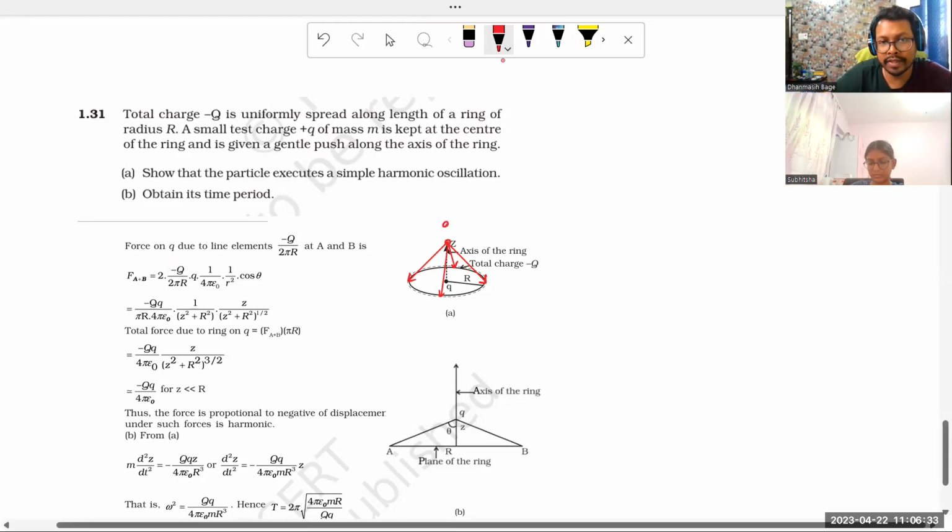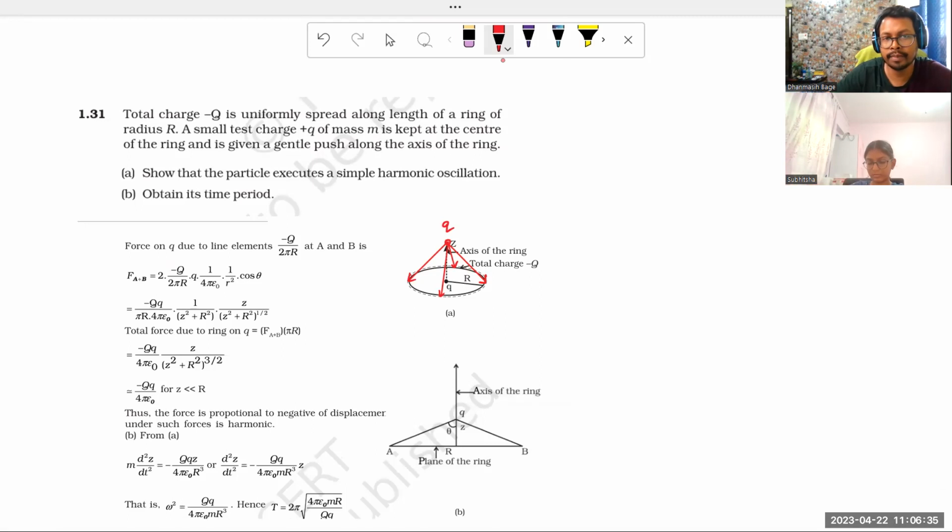So if q is placed over here, simply net electric field here will be what? At the center, net electric field is equal to, by symmetry, zero. It is definitely zero. So force here will be zero. The moment you try to displace it along this direction, then a net downward force will come into play and it will try to bring it back.